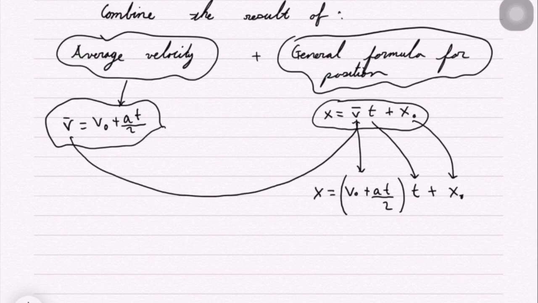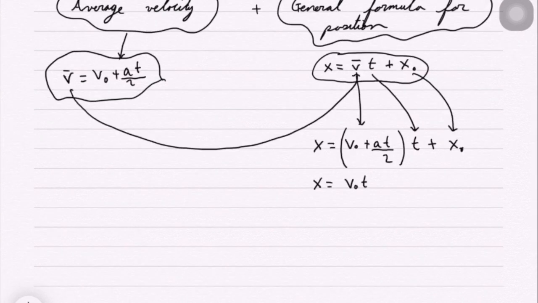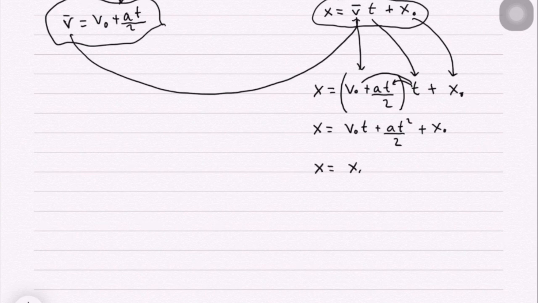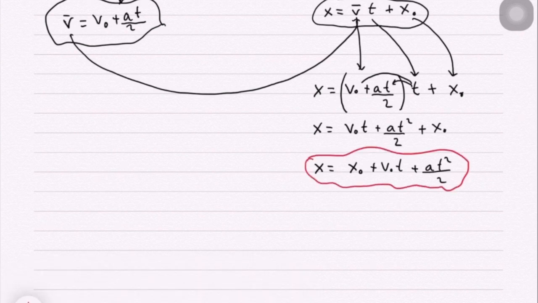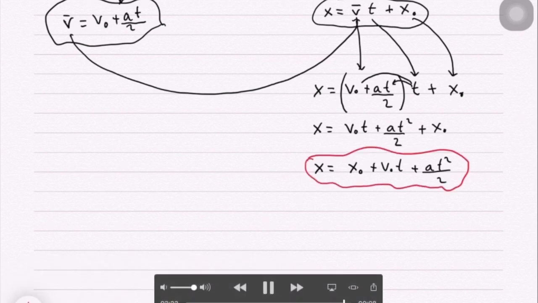Now if I clean up the algebra a little bit, it will look like this: v sub naught t plus at squared over 2 plus x sub naught. And then of course if I arrange the x sub naught to the front, it becomes this equation that we often use in solving 1D kinematics when we have constant accelerations.